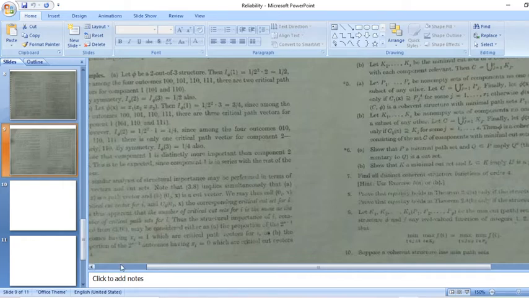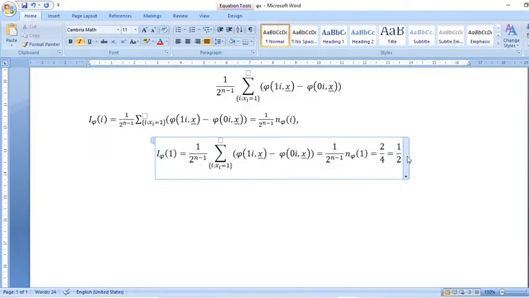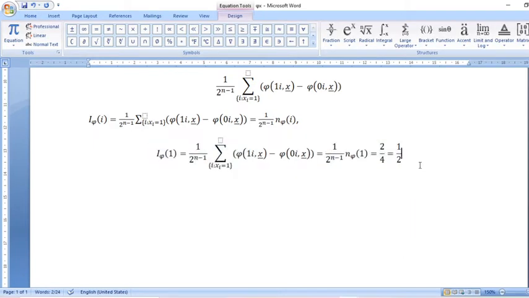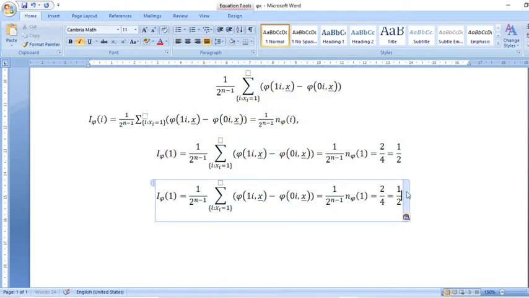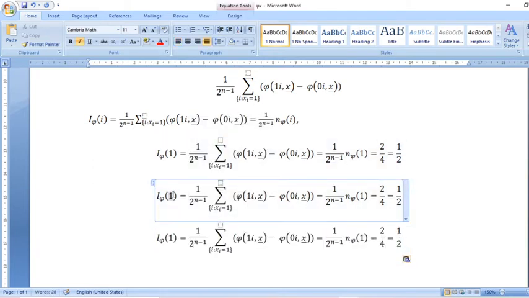And due to symmetry, we can say that a similar argument holds for component 2 and component 3 also.